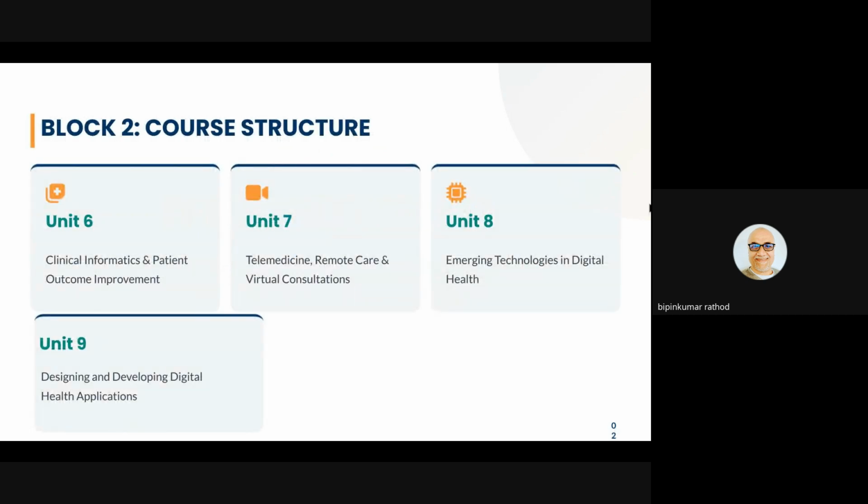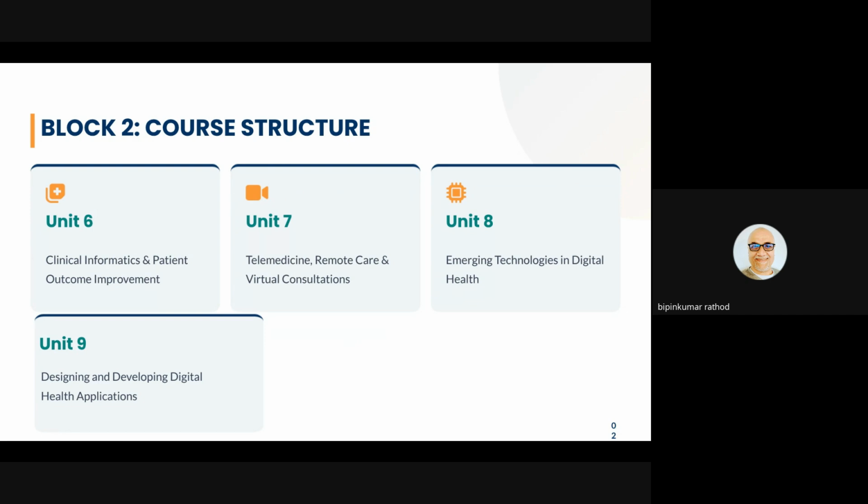So in Block 2, we will review our course structure to start with. It consists of Units 6 to 9. In Unit 6, we will review the area called clinical informatics and patient outcome improvement. In Unit 7, we will cover once again, as we talked about yesterday, telemedicine, remote care, and virtual consultations.